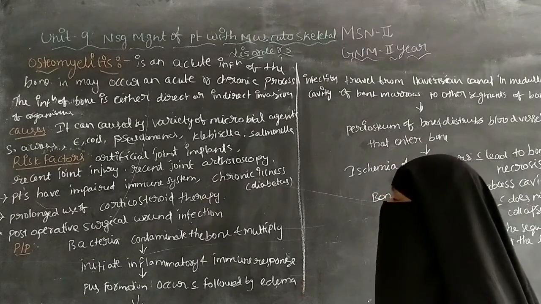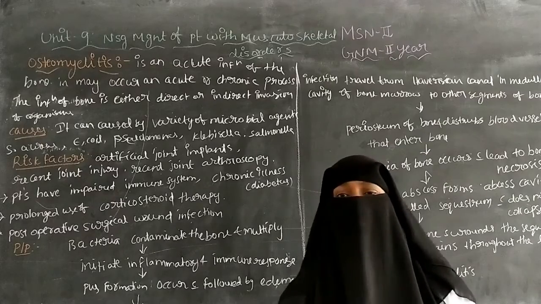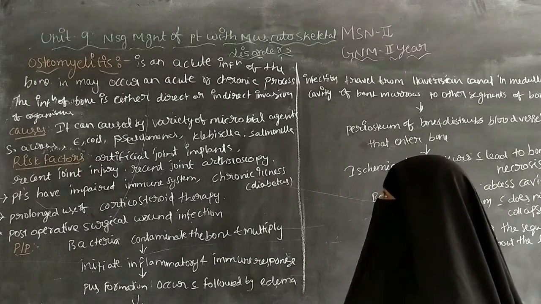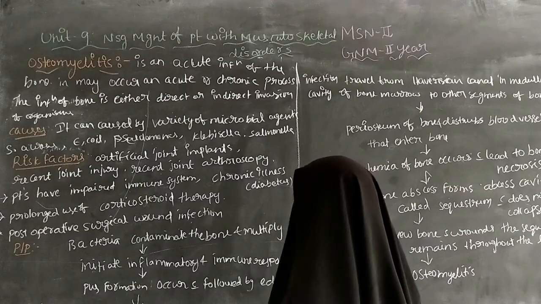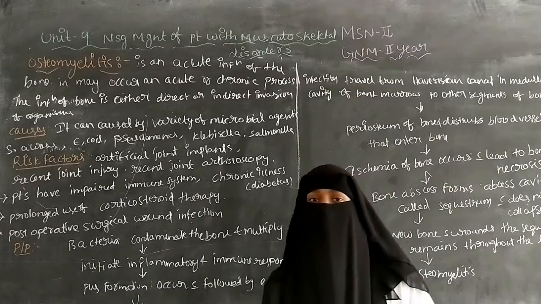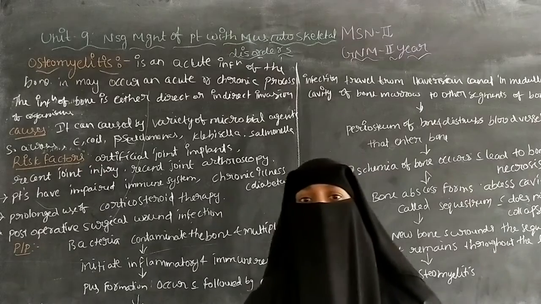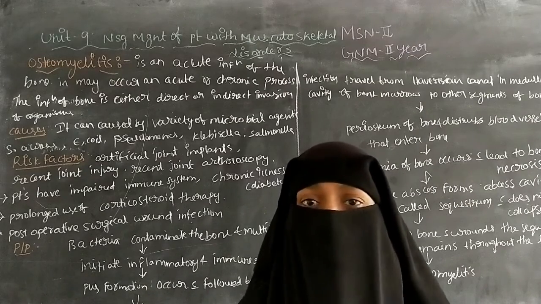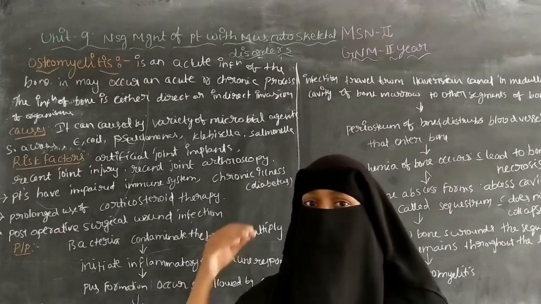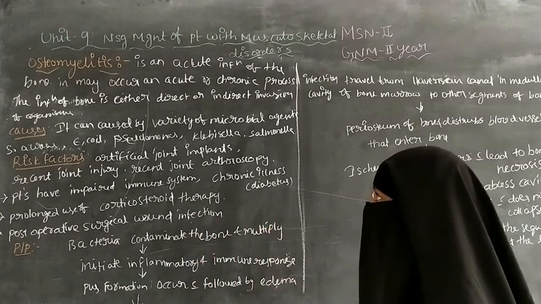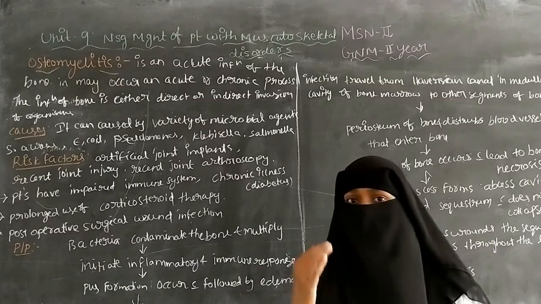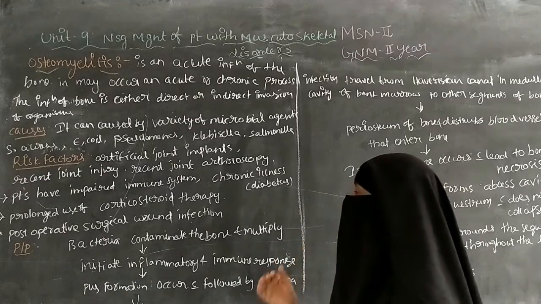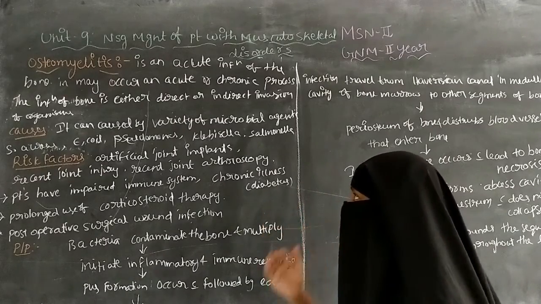It may occur as acute or chronic. Acute means it can be caused suddenly, and chronic means it can be present for a long time.